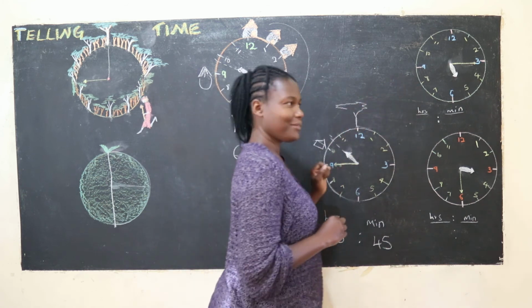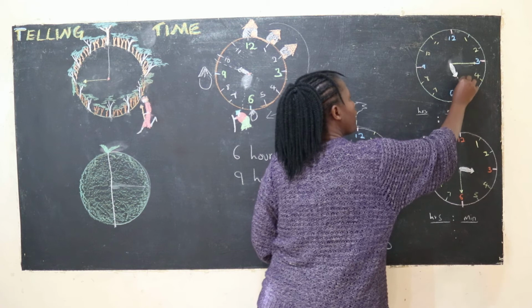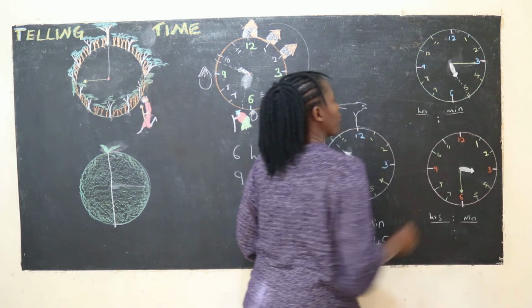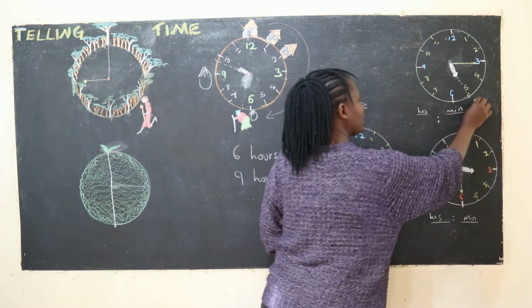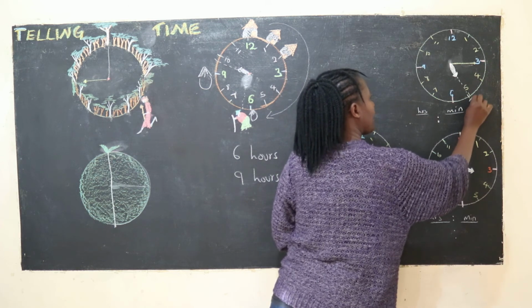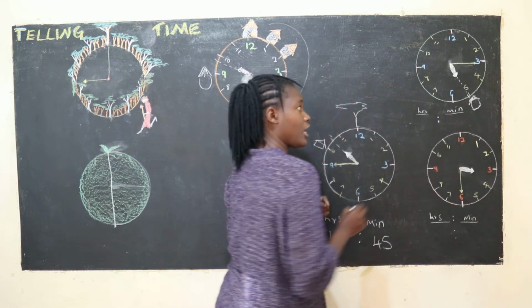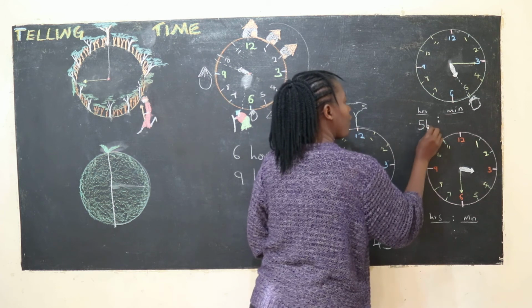What about this one? Let's see which home the hour hand has just come from. It's almost pointing at 5, but it has just passed 5 a little bit. So the elder was coming from house number 5 and still not yet at 6. So we say 5 hours.